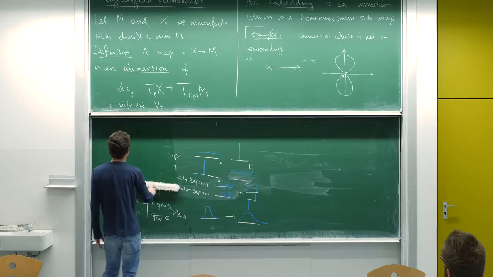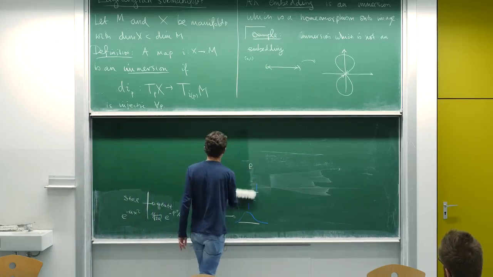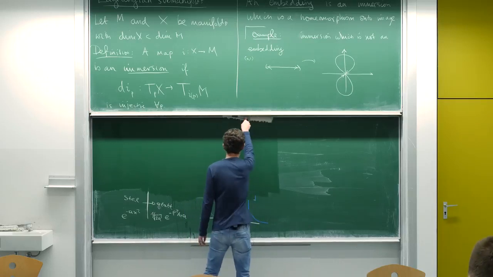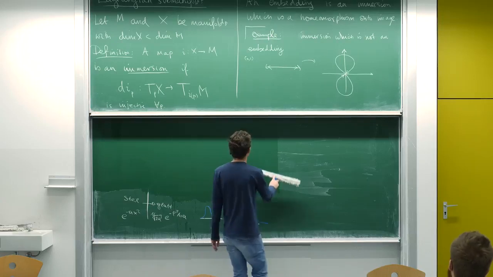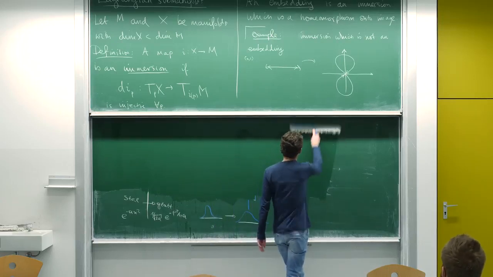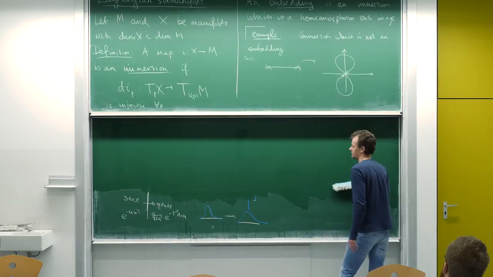So we need more adjectives, it turns out, because there can be nasty embeddings, so you wouldn't want to call every embedding a submanifold, because there are some nasty things that can also go wrong.